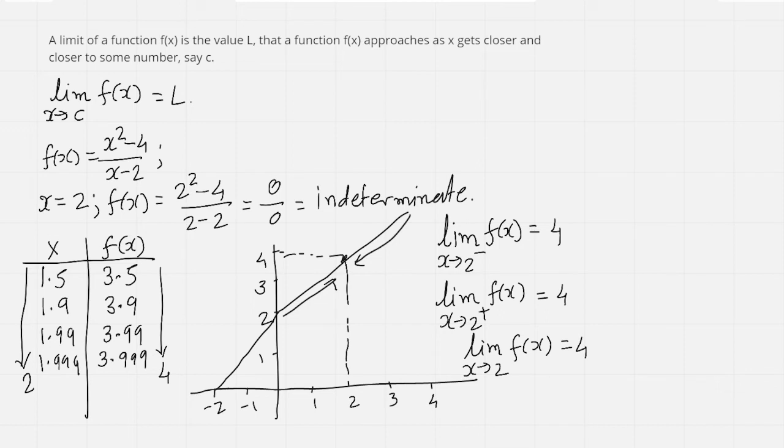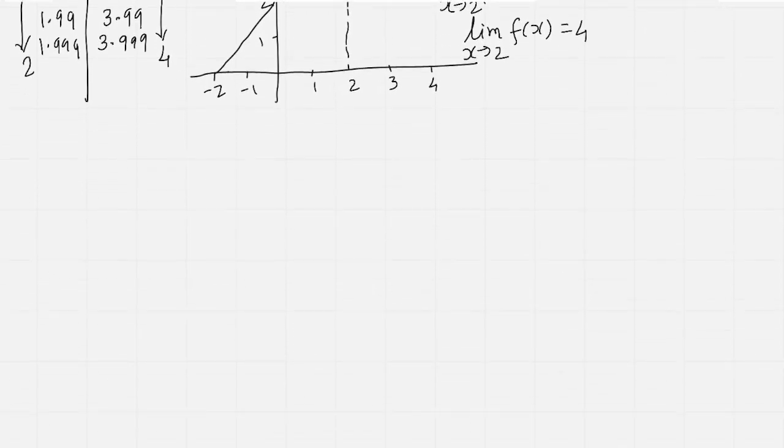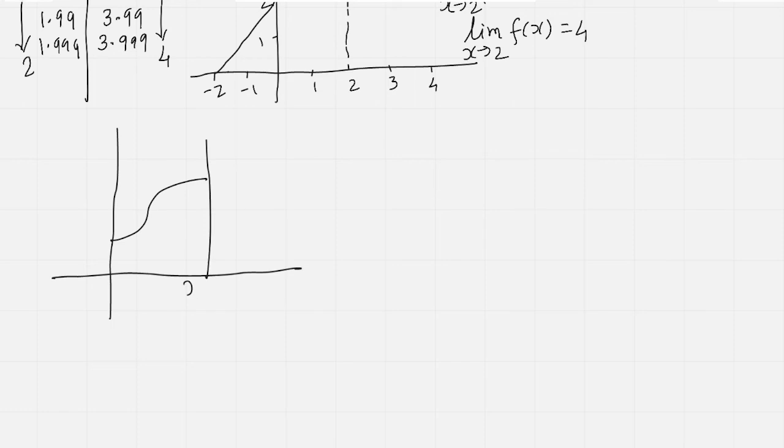Let us see one more example in which the left hand side limit and right hand side limit are not equal. So let me draw a graph of function. It looks something like this. Let us say this value is x is equal to a.